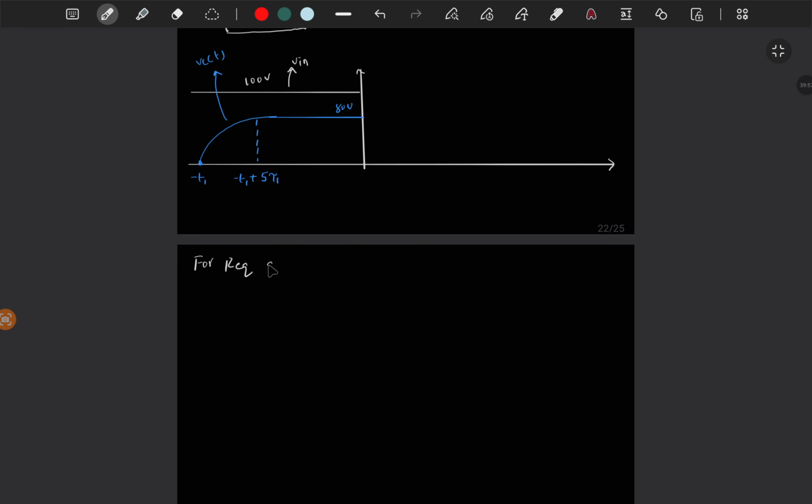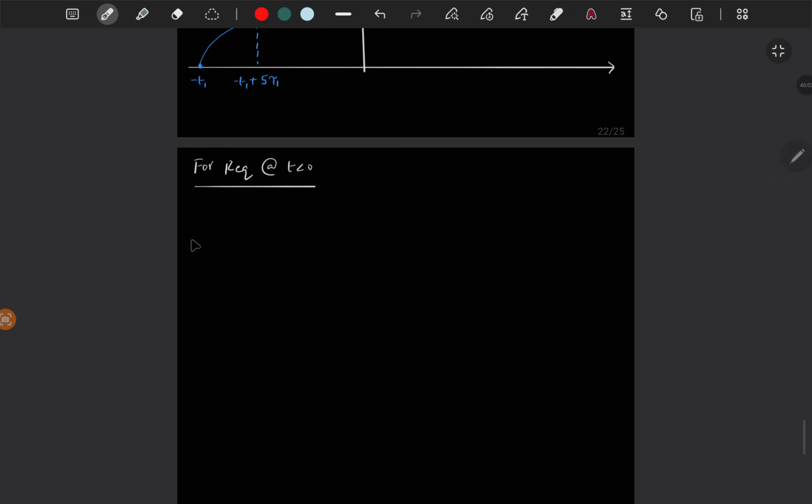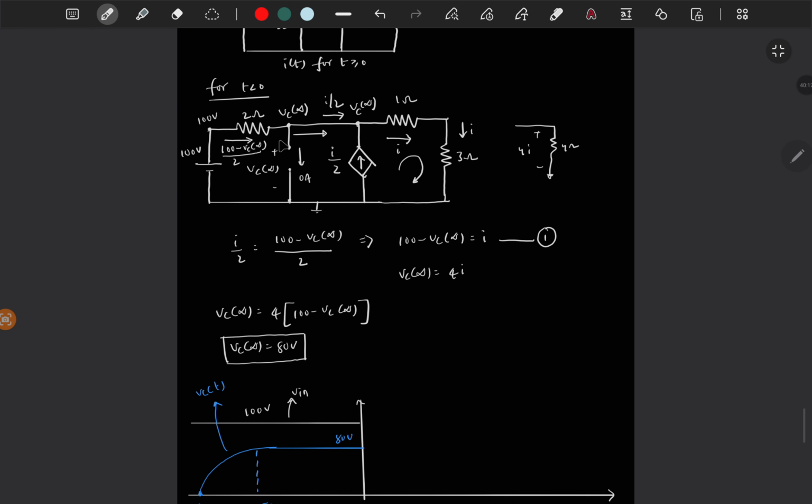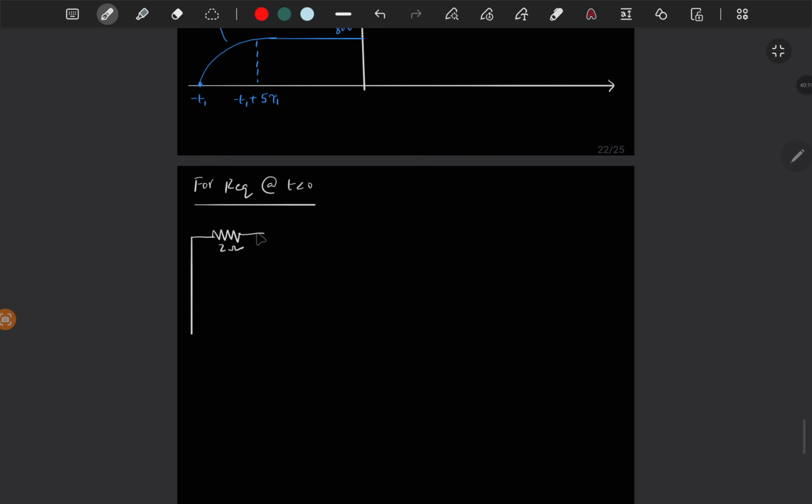So for R equivalent at t less than 0, short circuit the input voltage, and we have some resistor here which is 2 ohms I think, and then we have dependent current source of I by 2, then we have a resistor.